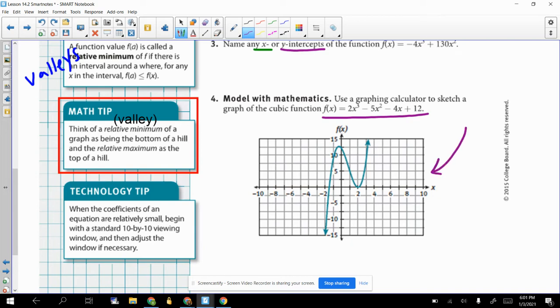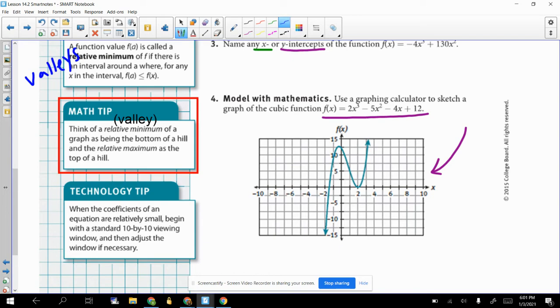And then what you could do is just go ahead and estimate. On the next page, numbers 5 and 6 ask for the relative maximums and minimums and the x- and y-intercepts. So you could go ahead and estimate those. I will show you guys in your calculator how to actually find those exactly, but I'll do that in class during the Zoom, okay?